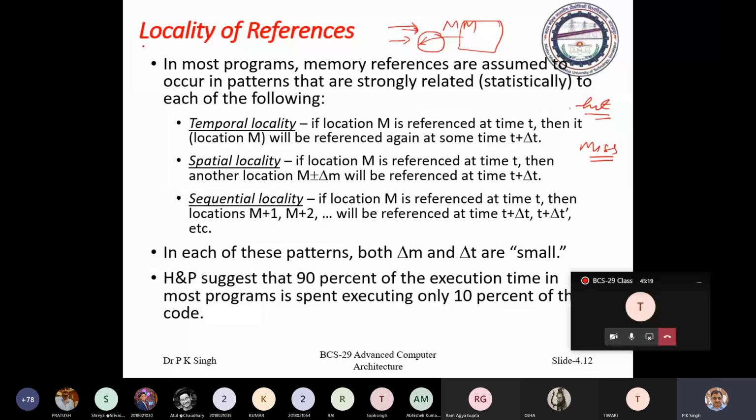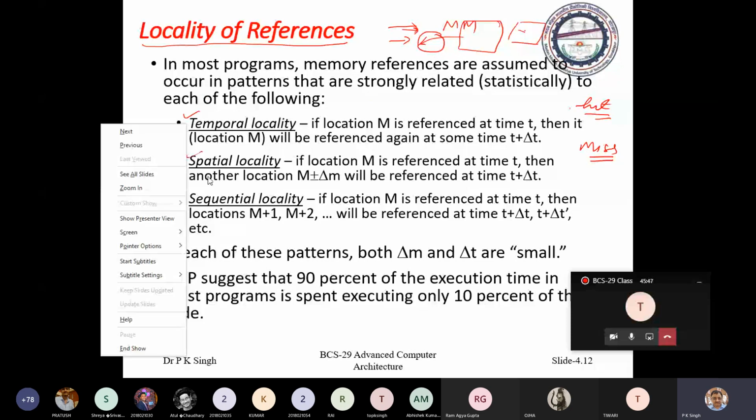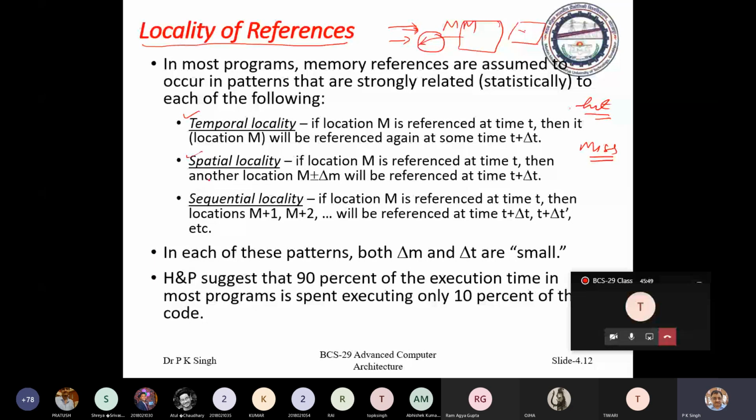Using this property, locality of references, we transfer the entire information in the form of a block to the cache memory. And we have three types of locality. One is temporal locality, second one is spatial locality, and third one is sequential locality.